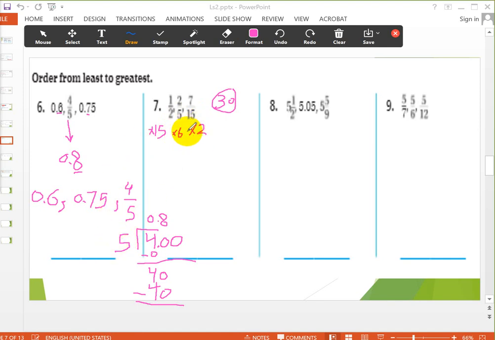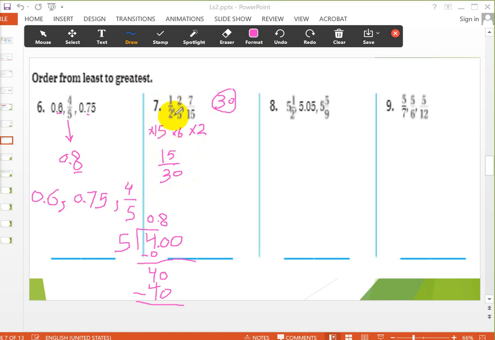Let's start. First, I will multiply 15 with 1 over 2. That means I have to multiply numerator and denominator. 15 multiply 1 equals 15. 15 multiply 2 equals 30. So the first number will be 15 over 30.